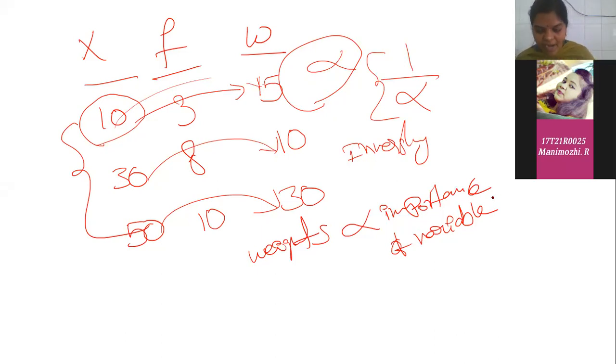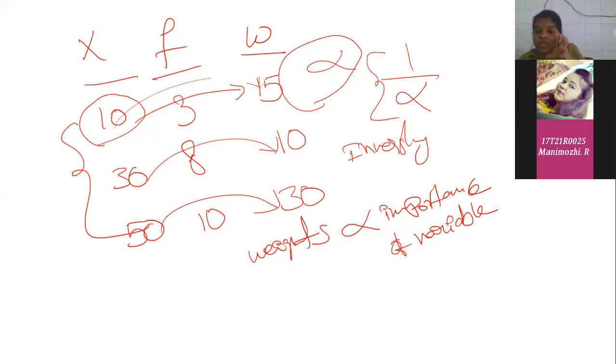The weighted arithmetic mean may be defined as the average whose component items are being multiplied by certain values known as weights.